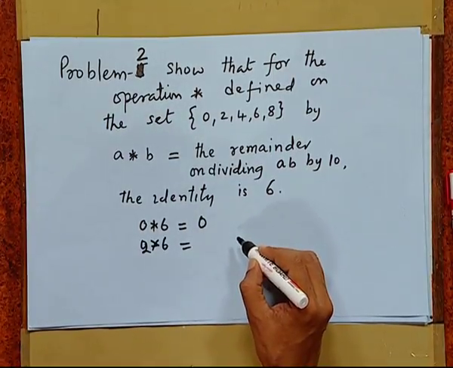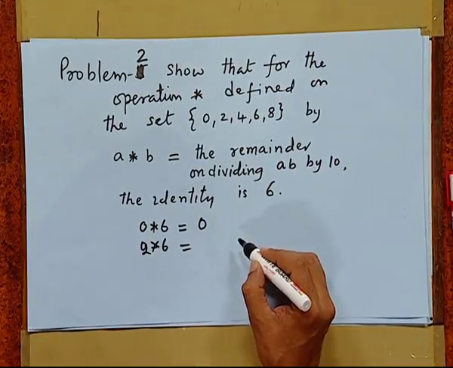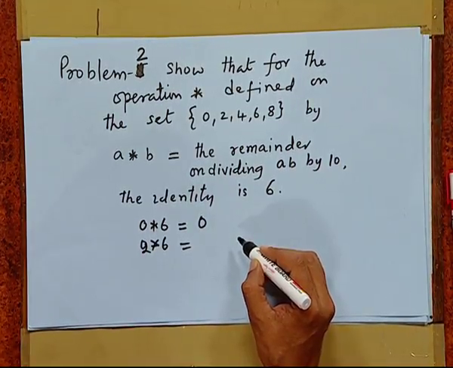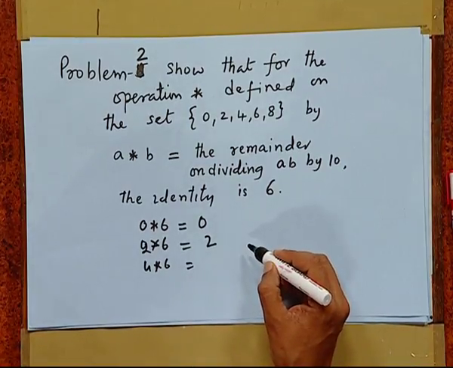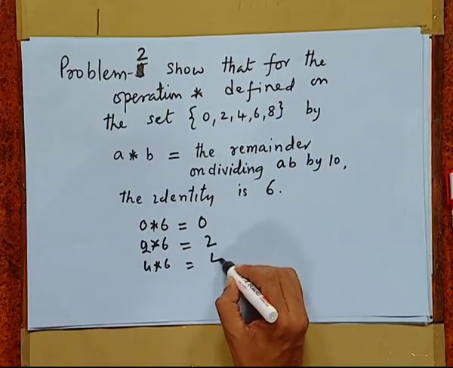This is actually 12 by ordinary multiplication, but our answer is the remainder on dividing AB by 10. So, the remainder on dividing 12 by 10 is 2. Similarly, 4 star 6: 4 times 6 is 24, and when you divide 24 by 10, the remainder is 4.